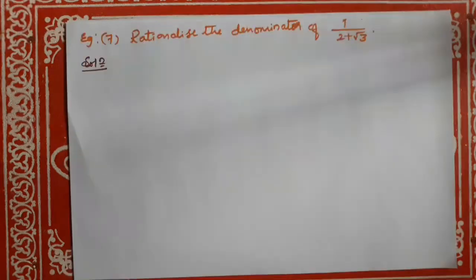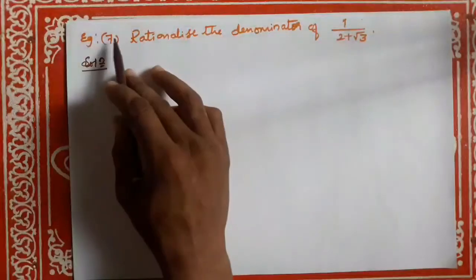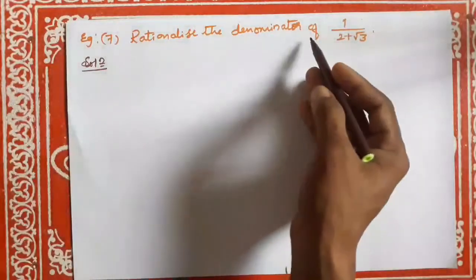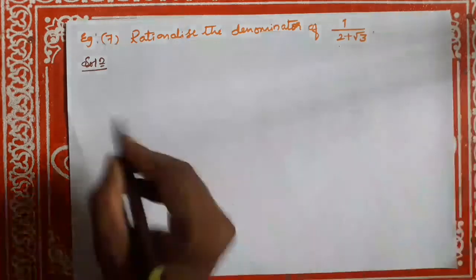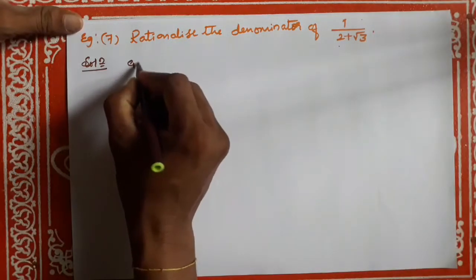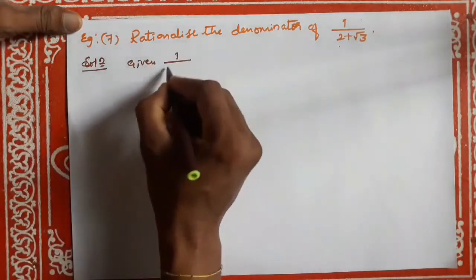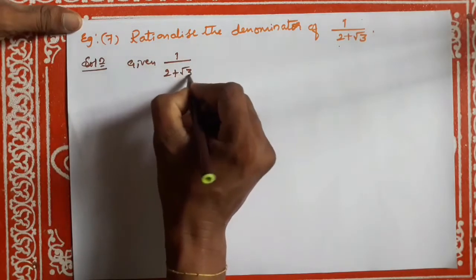Dear students, seventh example: rationalize the denominator of 1 divided by 2 plus root 3. Given 1 divided by 2 plus root 3.